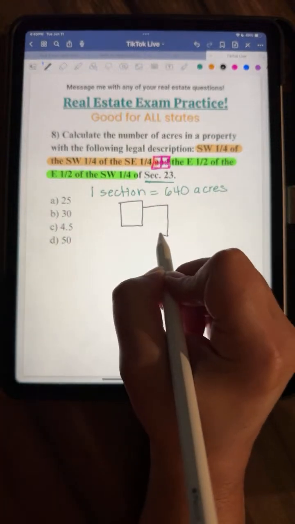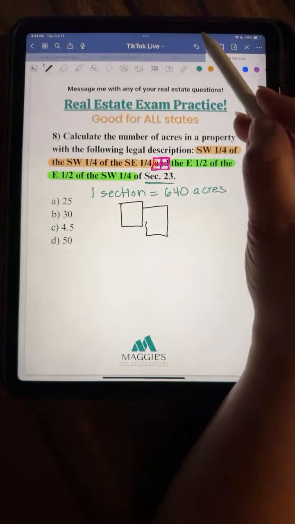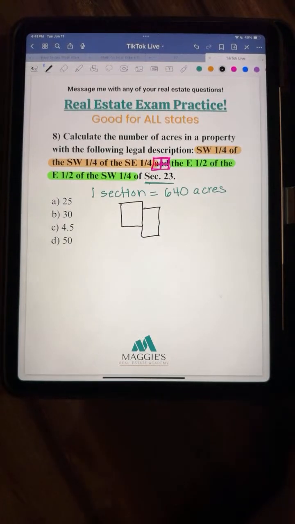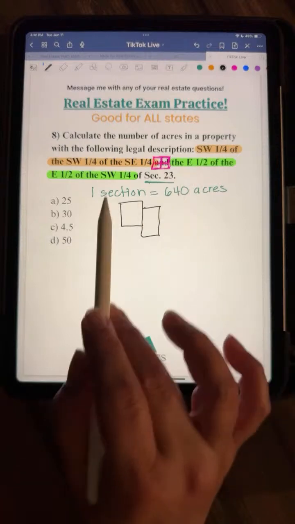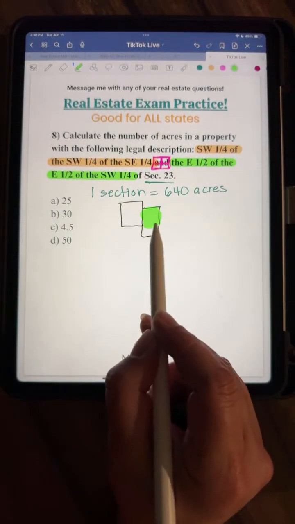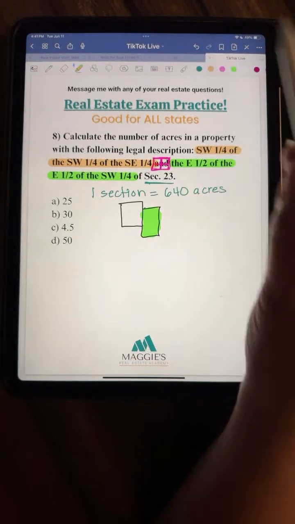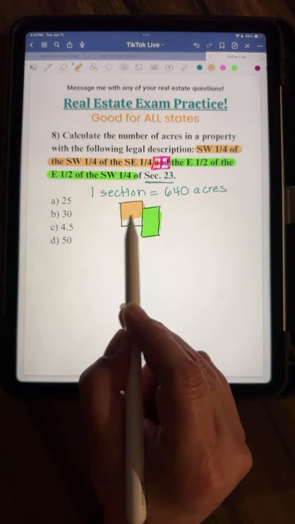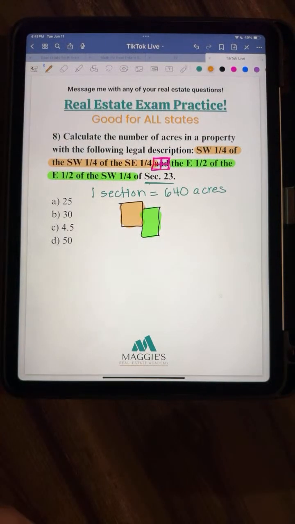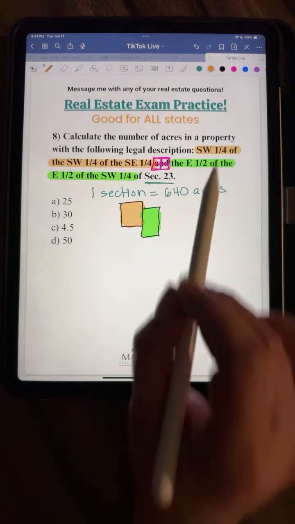And let's say you have another tract of land like this. That's what that's saying. So let's say this is the green one, and now this is the orange one. And now let's work it out. I'm going to do the orange one in orange. So we're going to just do it twice.